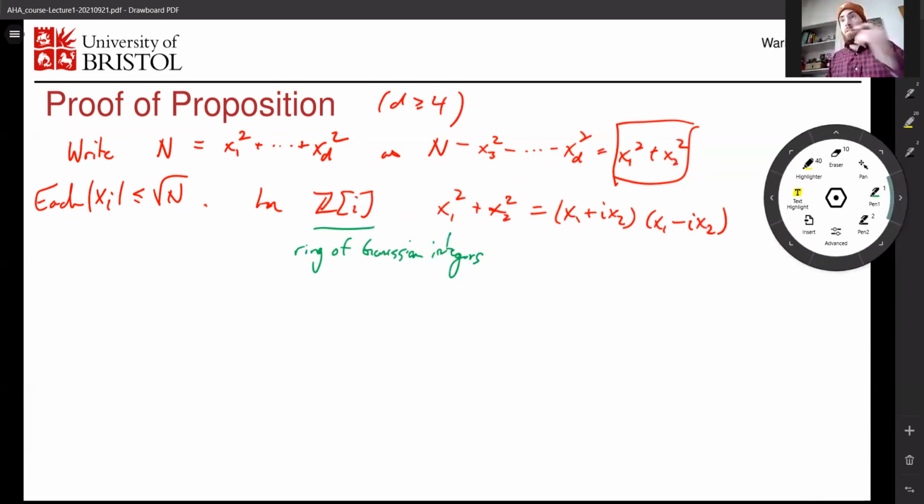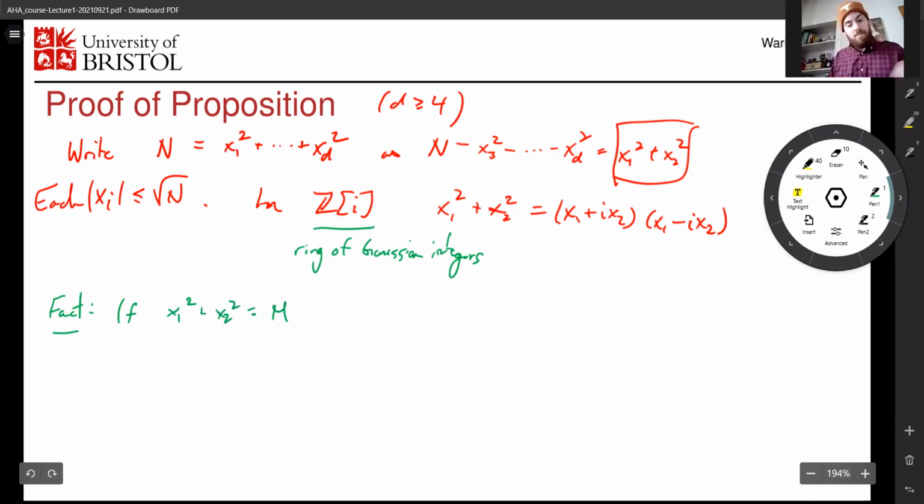Now, an important fact here is that if x1 squared plus x2 squared is equal to some m, then the number of x1, x2 in Z such that x1 squared plus x2 squared equals m is very small.